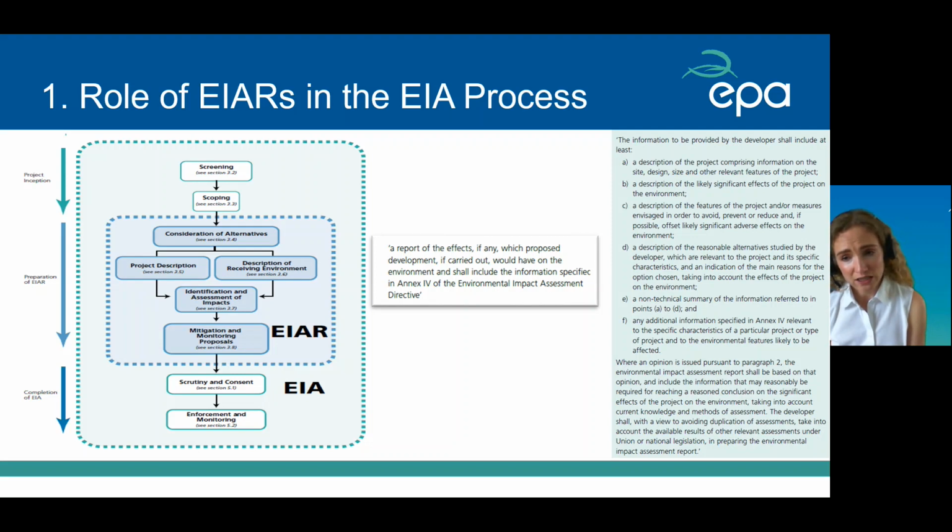That article with the annex really describe what an EIAR is to contain. So the guidelines are really giving developers and competent authorities additional information alongside that article and annex to guide what level of information, what types of information should be included.